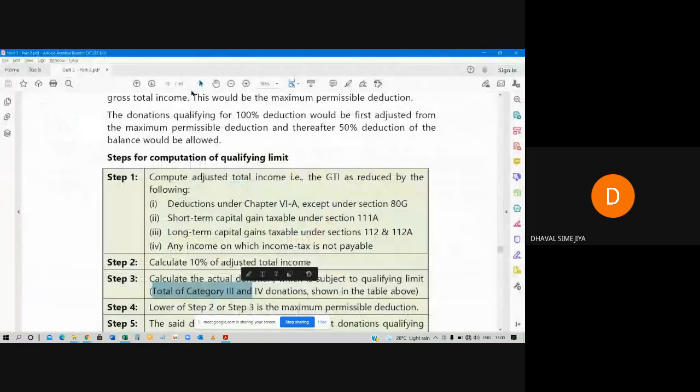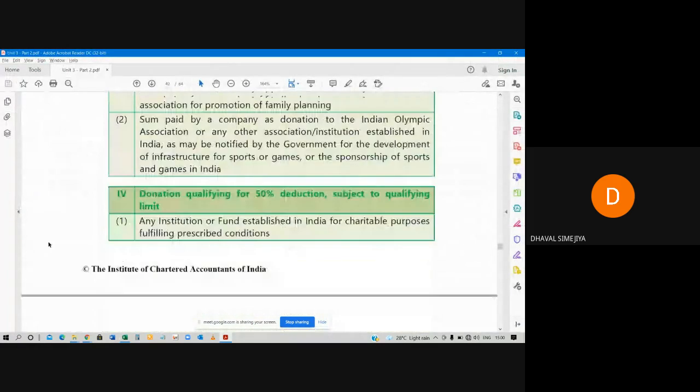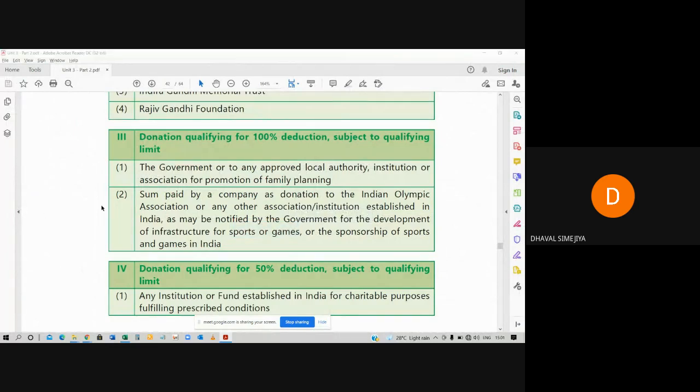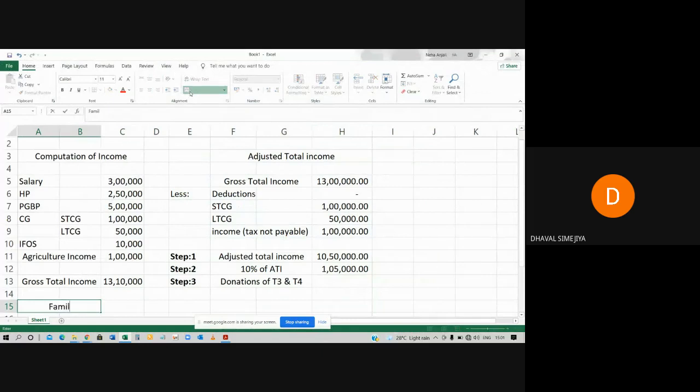Sir, table 3, table 4, that's what we have seen earlier. For example, in family planning, in any games or sports, so 100% deduction. Whatever you have given, you are supposed to write down. For example, let's say I have given for family planning 1 lakh rupee.